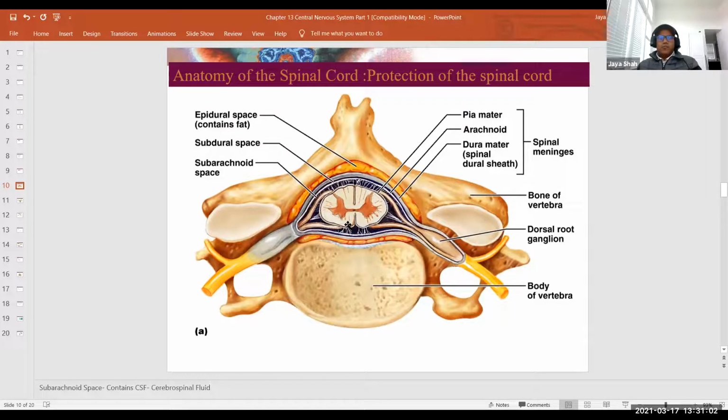So now, the white looking structure in the brain and spinal cord is called white matter, and gray looking is called gray matter. So what is outside, gray matter or white matter in the spinal cord? White matter. And gray matter is in the center. In the brain, it is just opposite.